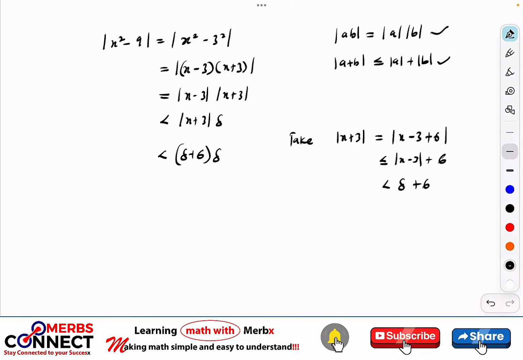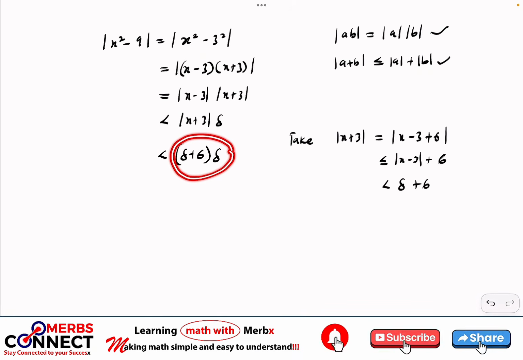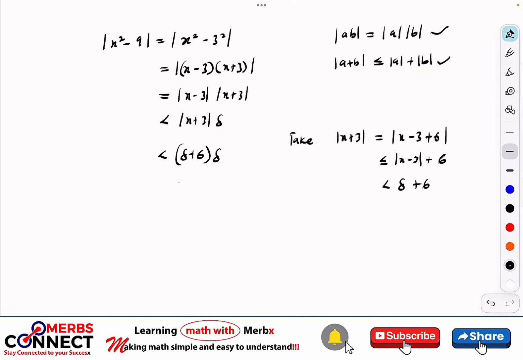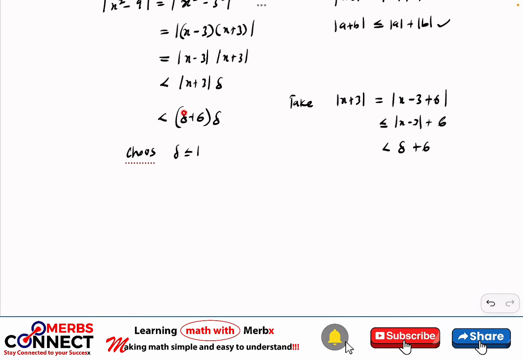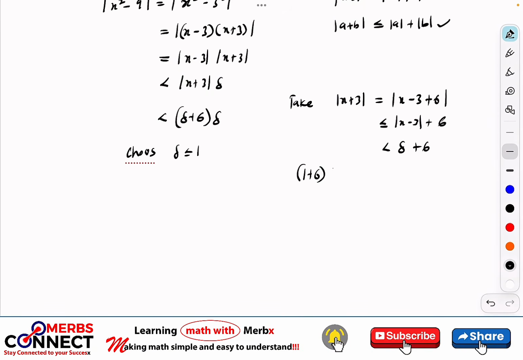So here, what I'm going to do is choose delta very small. I'm going to choose delta to be less than or equal to 1. So when I replace delta by 1 here, I'm going to have something like this: 1 plus 6 times 1, and this is going to be 7.